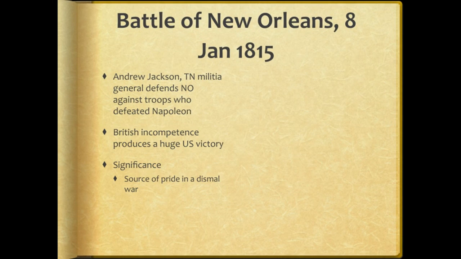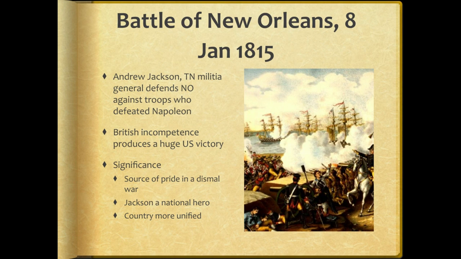And it's significant because this is really the only significance. This was a bright, sunny spot in a war that ultimately didn't really do a lot. And it also made Andrew Jackson a national hero. And Andrew Jackson will ride that national hero status all the way to the presidency in future years. And again, it made the country more unified.